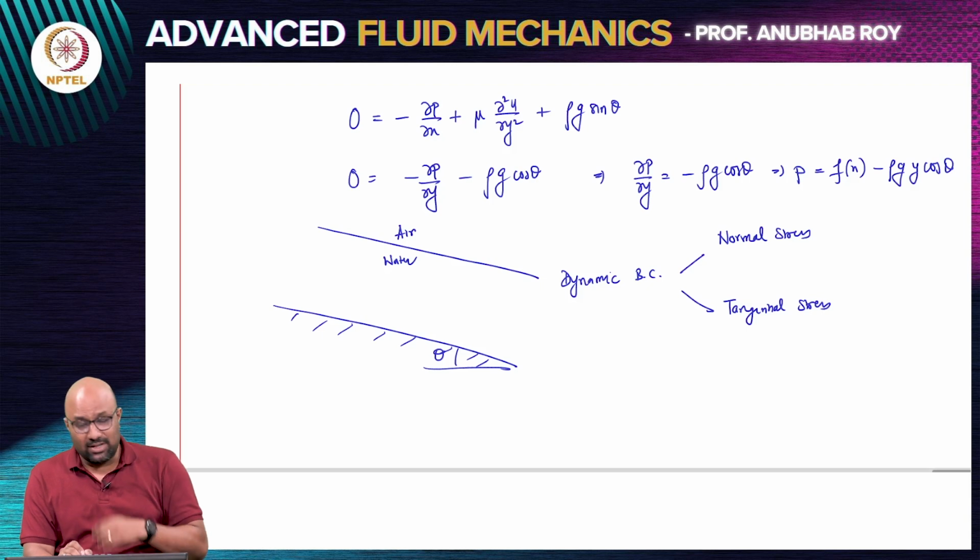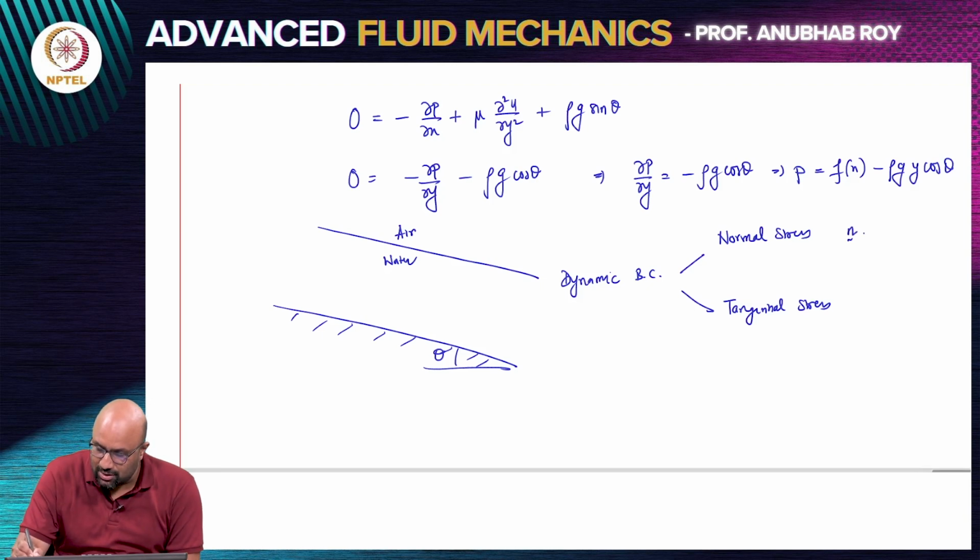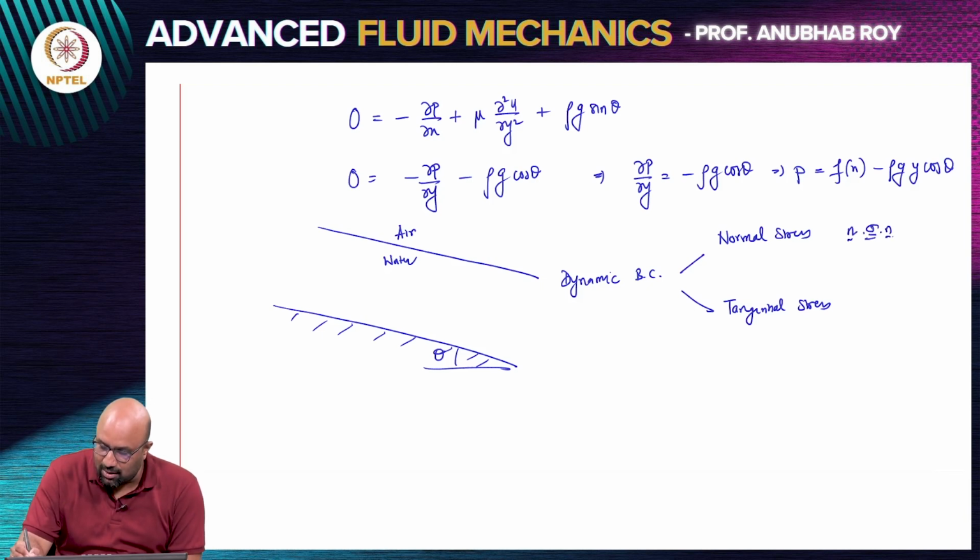Now, the normal stress boundary condition tells us that there can be a jump in normal stress if you have surface tension. So, if I am saying that the interface remains flat. If you remember, the boundary condition was n dot sigma dot n over the interface equals gamma times divergence of n.